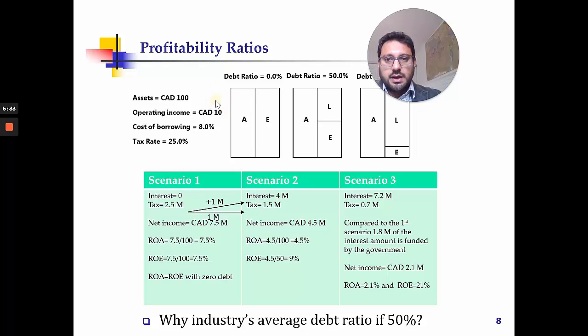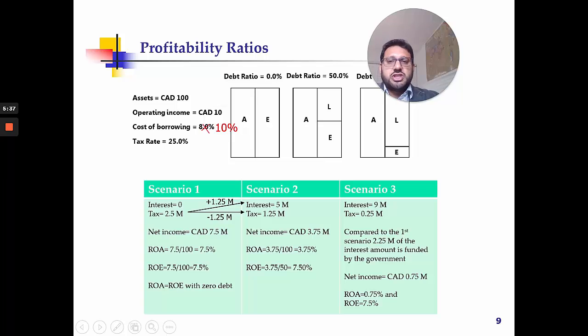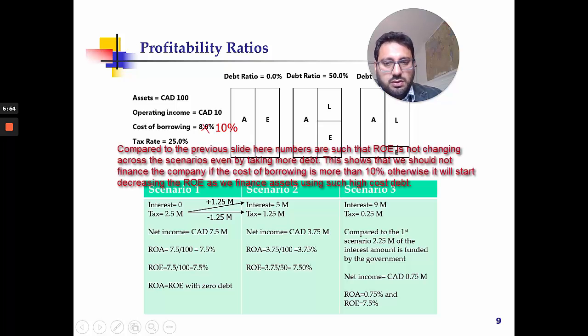Sorry guys. Now change the number. What about if the cost of borrowing is 10%? Now with the cost of borrowing 10%, in the first scenario where there is zero debt, both ROA and ROE are the same, no surprise. Whenever there is zero debt, return on asset and return on equity will remain the same.